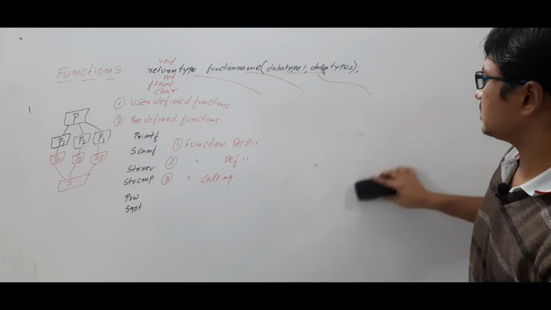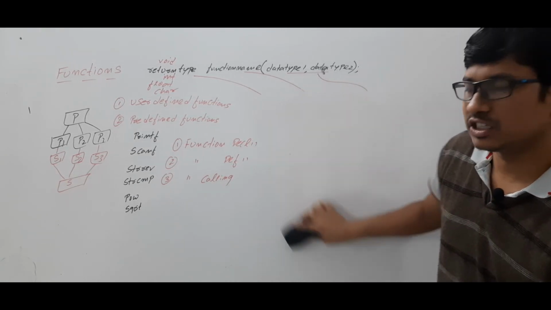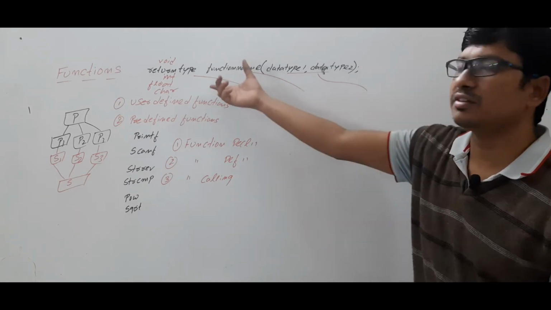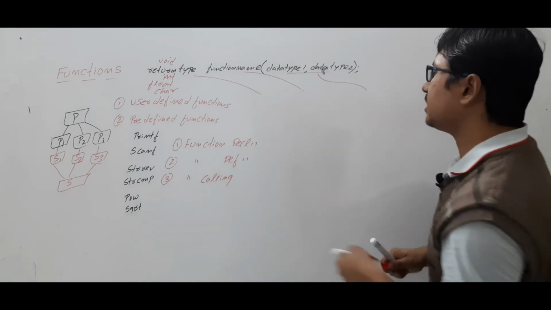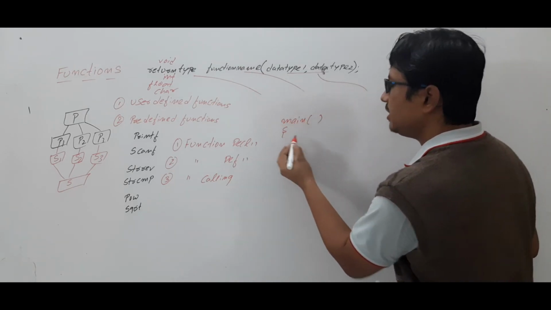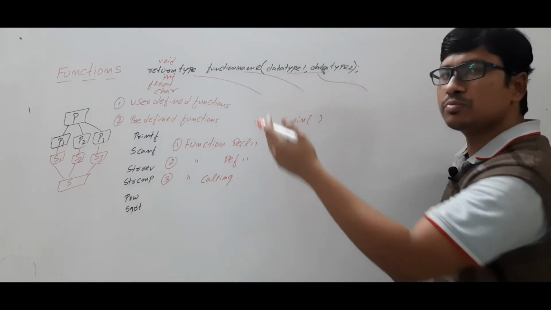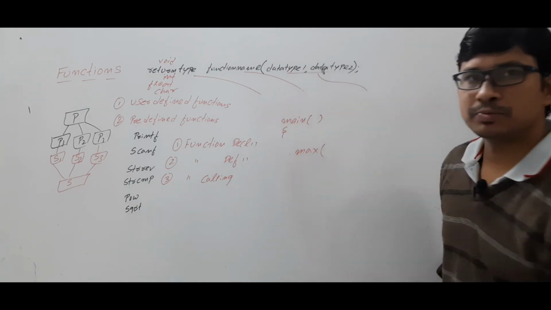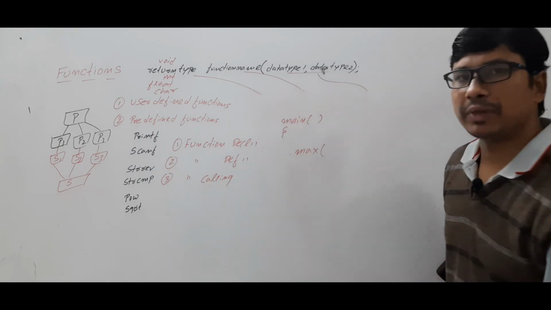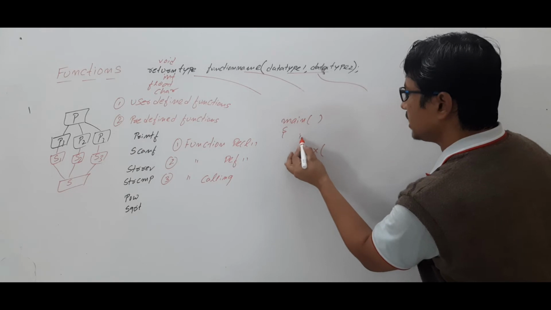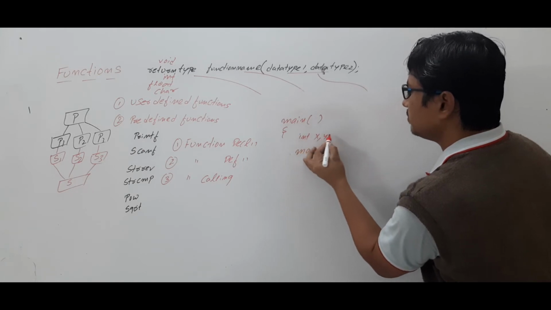Now let me discuss what function calling is. Inside another function, you will call this particular function. Suppose let's take that in a main function, I am calling this max function. So I will write max and I will specify the values to the parameters or variables. Suppose I have the variables int x comma y.